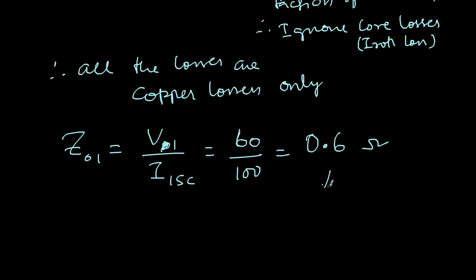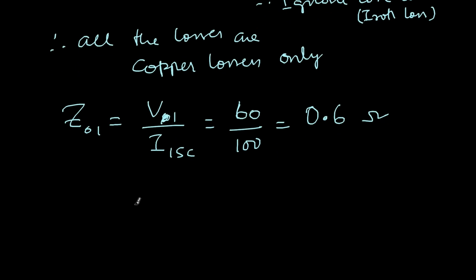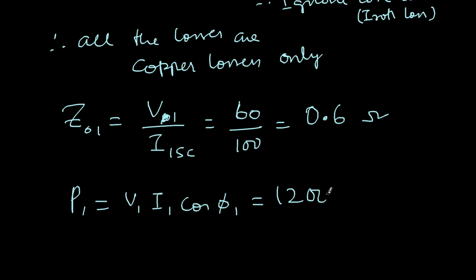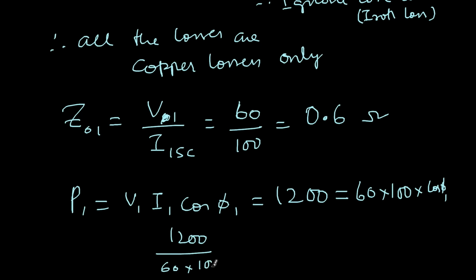But how much is R and how much is X, we don't know. But I can know the power factor. How to know the power factor? P1 is V1 I1 cos phi1. So 1.2 kilowatt, that is 1200 watts, equals V1, which is 60, times I1, which is 100, times cos phi1. So cos phi1 will be 1200 divided by 60 into 100.